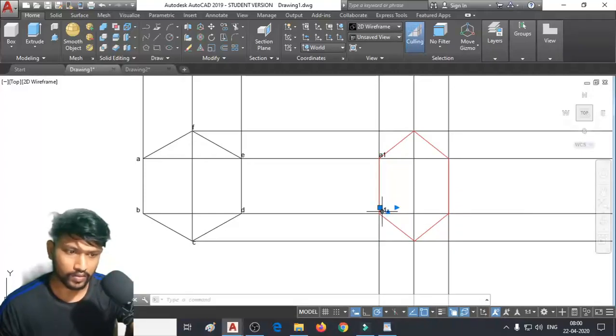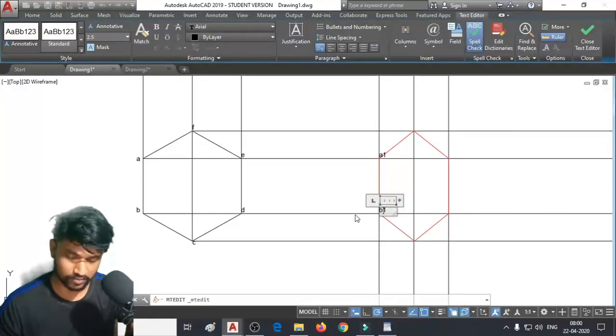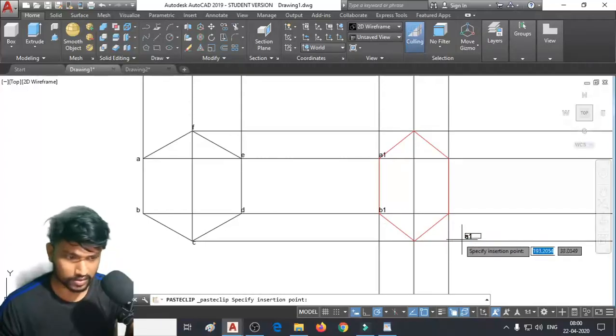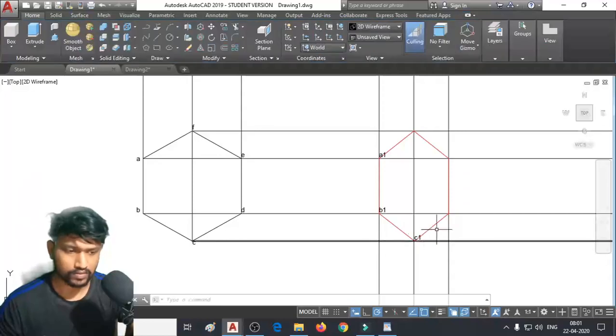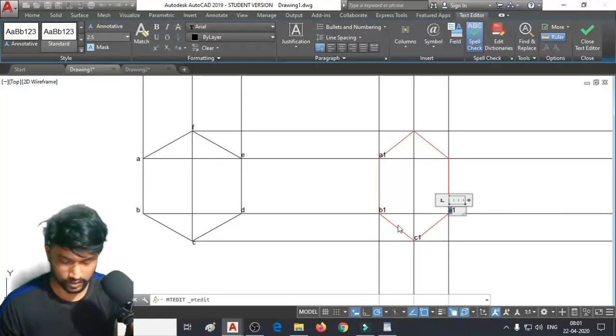Since it is a top view, we can't use a1 dash, b1 dash likewise; only for front views we have to use that.